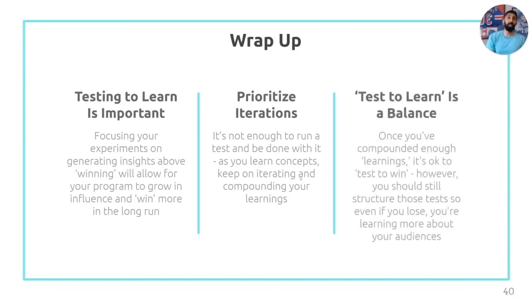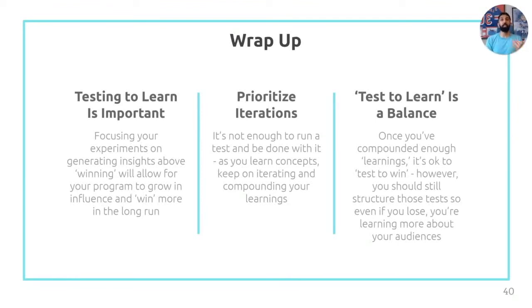And I'll leave you guys with this last note. Test to learn is a balance. So it's not simply running every single possible test as a learning test. However, what you should do is run test to learn as much as you can. But once you feel extremely confident with enough compounded learnings, it's okay to swing for the fences and go for a winning test.